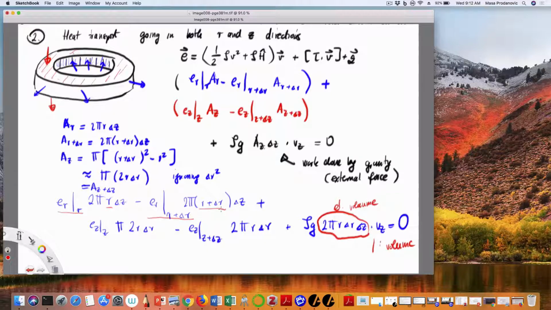So it's essentially minus 1 over R, R ER evaluated at R plus delta R, divided by delta R. Take a moment to agree with me.